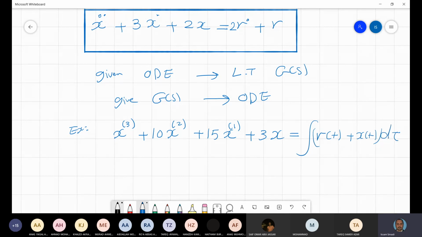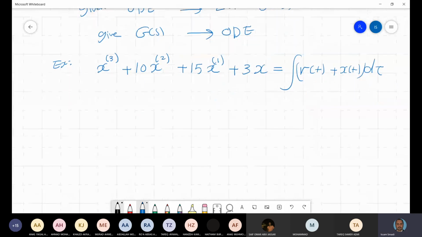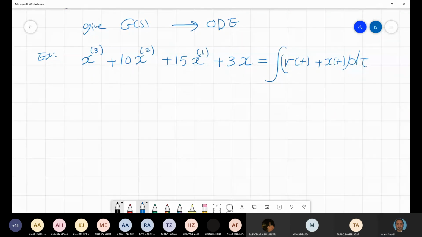So this is an example of what? A differential integral equation, correct?